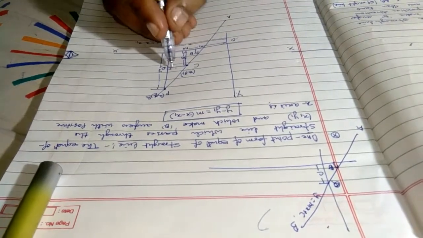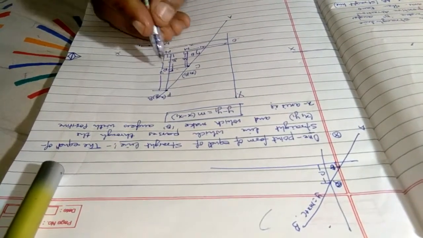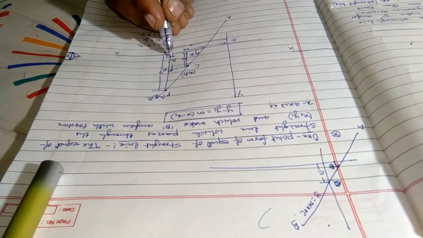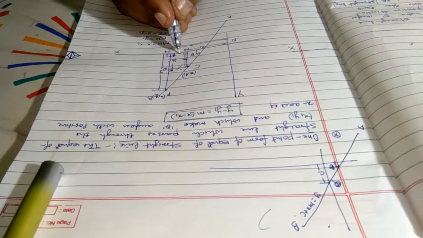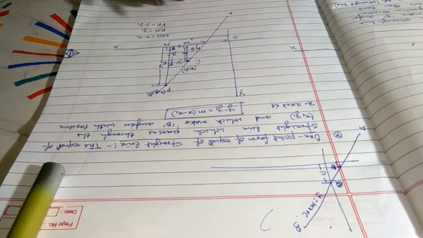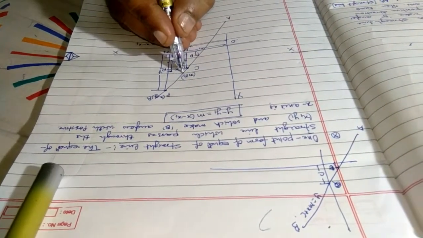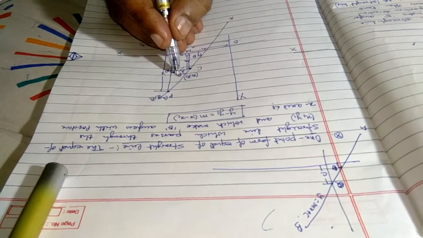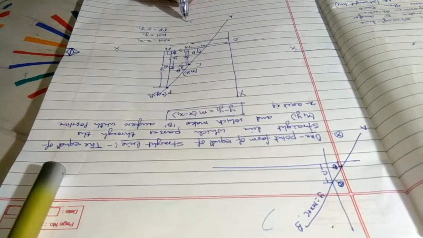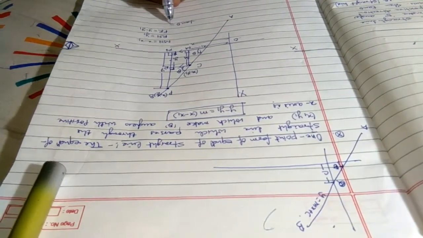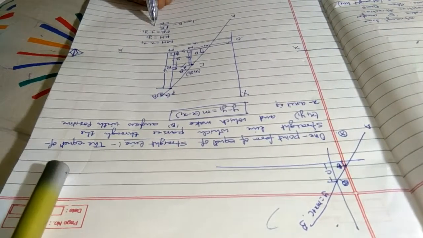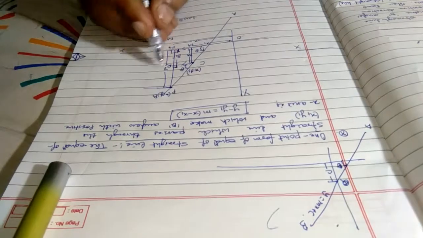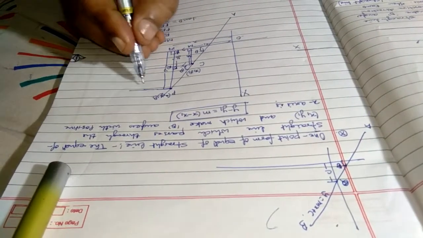Now, as angle R is 90 degrees and angle N is also 90 degrees, corresponding angles are equal, so the lines are parallel, therefore this angle is also theta. So in a right angle triangle, tan theta is equal to PR by CR, and what is the value of PR in terms of y and y1?